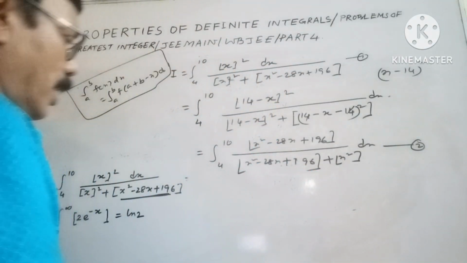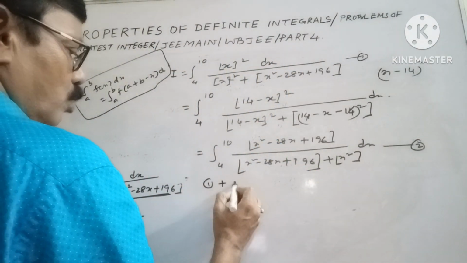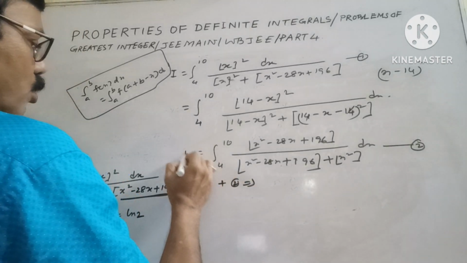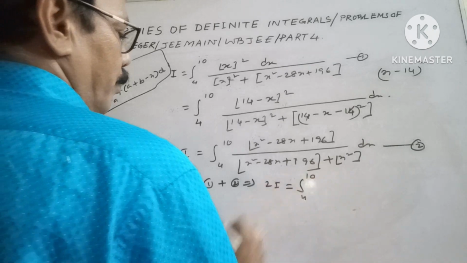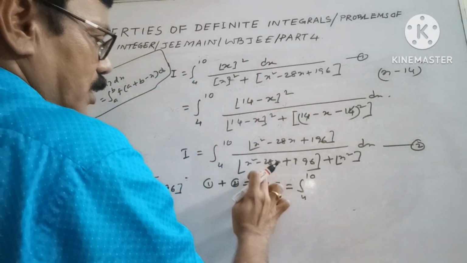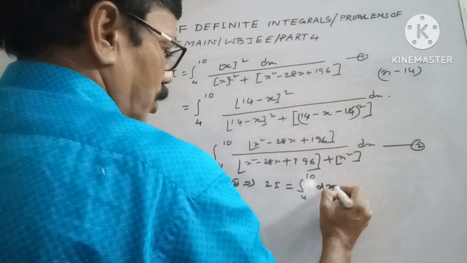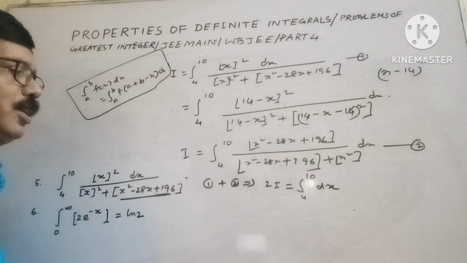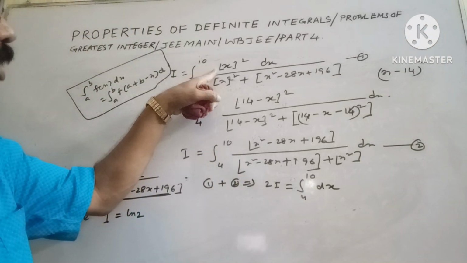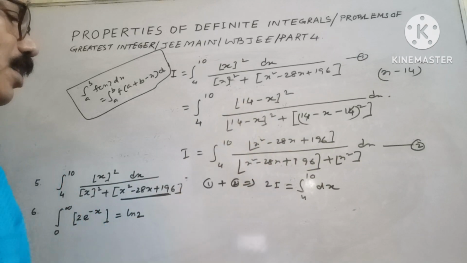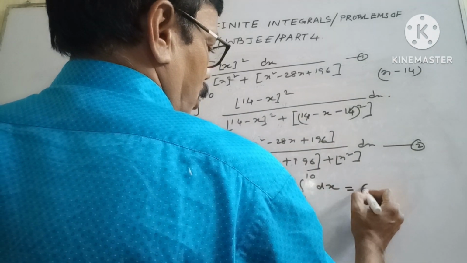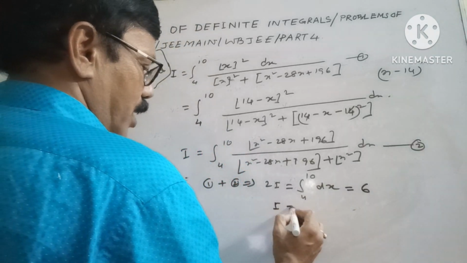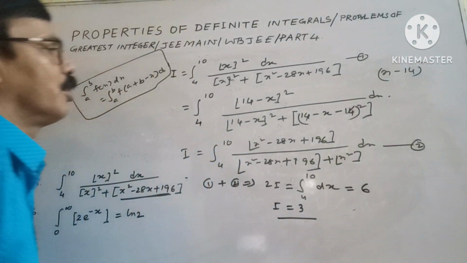So if we add 1 and 2, 1 plus 2 implies this is also I. 2I equals 4 to 10 of, so this plus this, same, it will be dx. So you look, x square plus this, and denominator also this. So this is 10 minus 4, this is 6. So I equals 3.